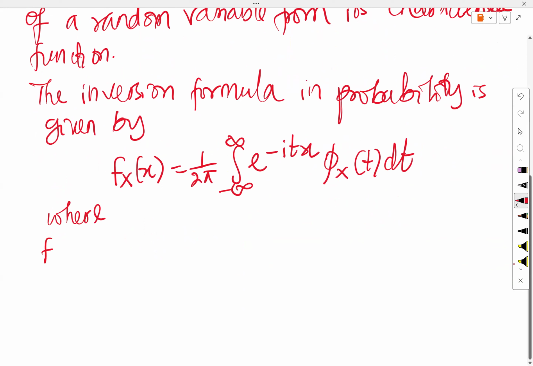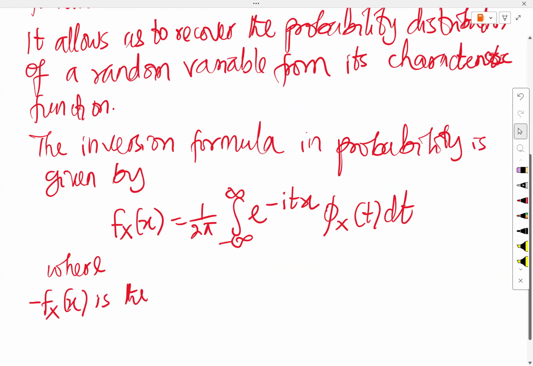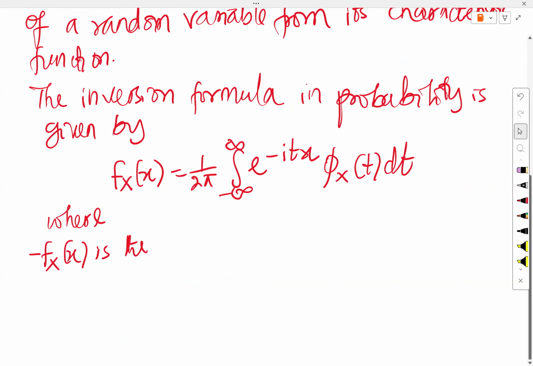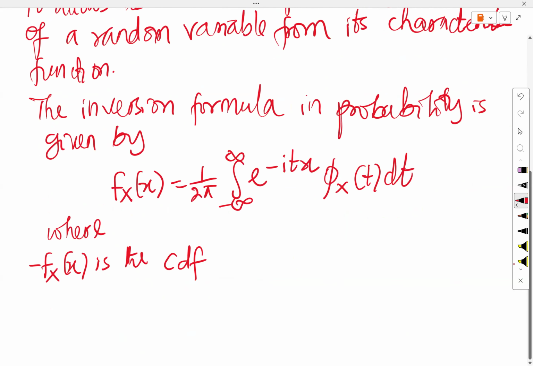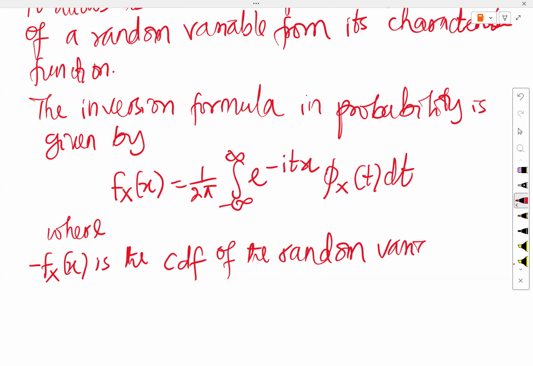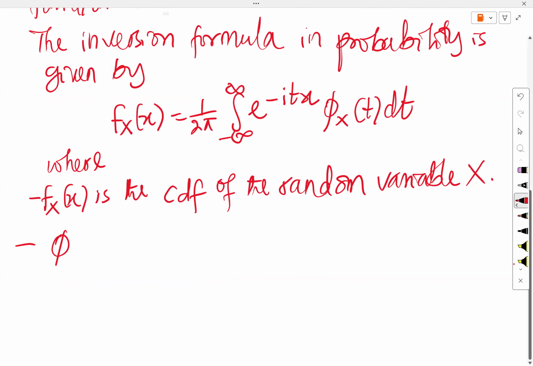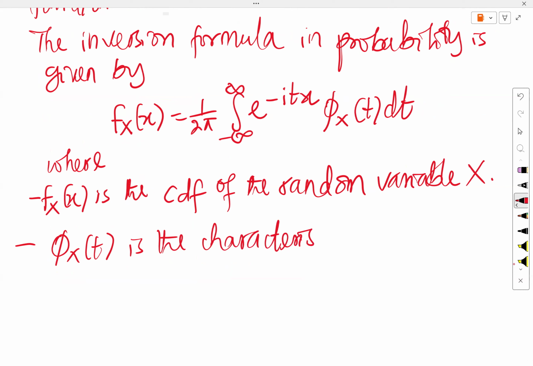F_X(x) is the cumulative distribution function, the CDF of the random variable X. Then phi_X(t) is the characteristic function of X, which we are going to define in the second part.